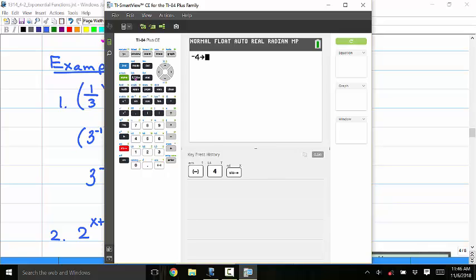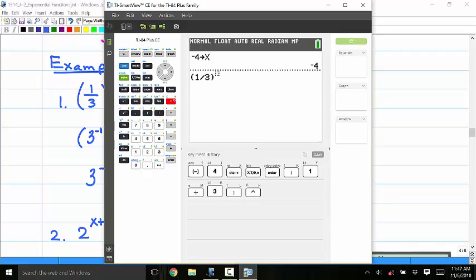Negative 4 store as x. That's what I got for my answer, correct? Right. Now I want to type in the equation. 1/3 raised to the power of x, arrow back down to the bottom, and I want to say, is that equal to 81?